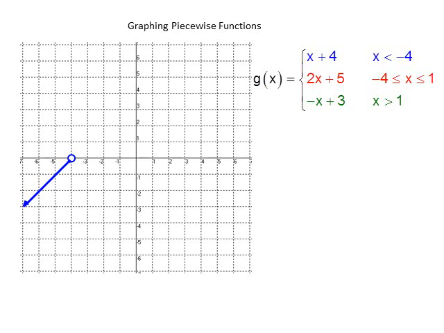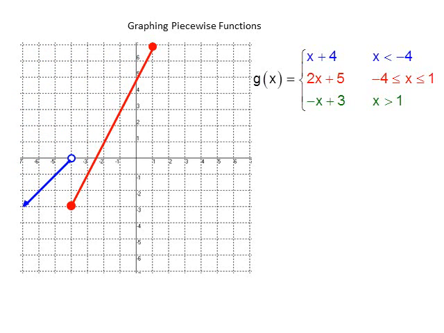I can use a table, picking values for x less than negative 4: start with negative 4, then negative 5, negative 6, and so on. Then between negative 4 and 1, draw the second line, and both points, negative 4 and 1, are closed.